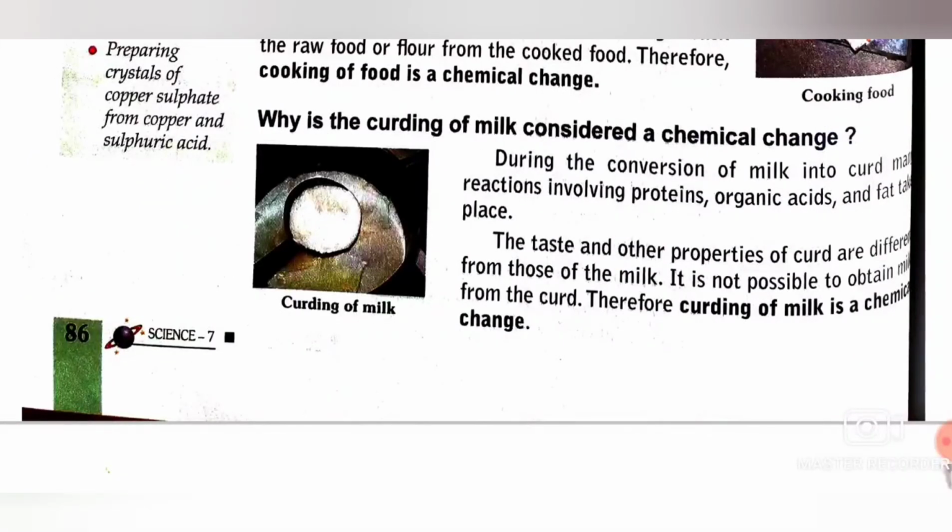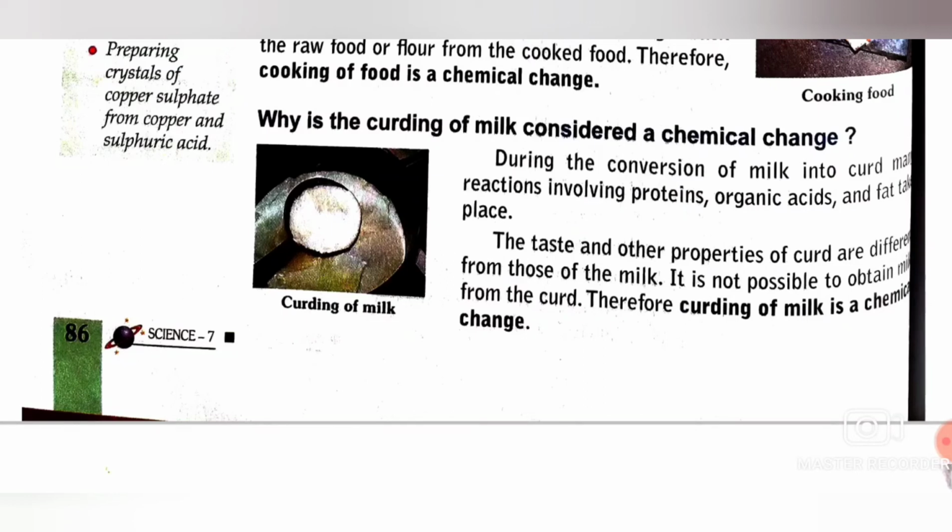Similarly, when we are converting milk into curd, there is also a chemical change, because the property, the texture, the taste of curd are quite different from that of milk. Milk এবং curd এ যদি আমরা property check করি, all of them are different.